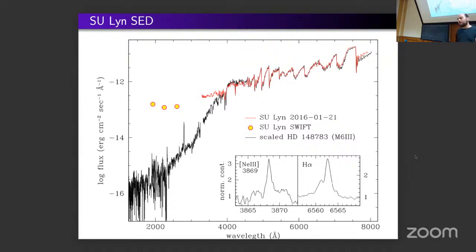And when you have a lot of accretion on the white dwarf, it's very hot and it heats up the nebula enough to have strong emission lines. And without strong emission lines, we say it's not interactive.